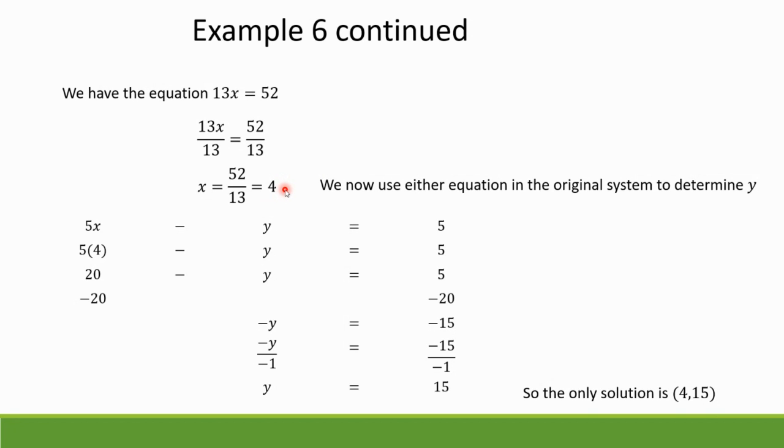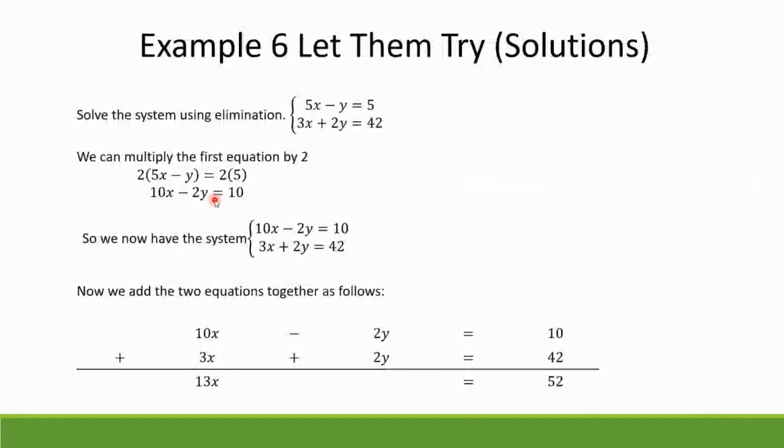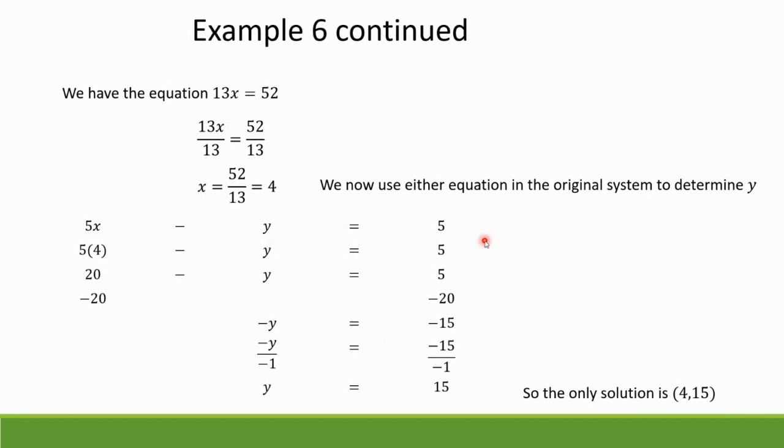We have to get the other variable. That's okay. We take x and plug it into either equation in the original system. I'm plugging it into the first equation. Plugging it in for x, we can figure out what y is. x is 4, so that becomes 20. So we have 20 minus y is 5.